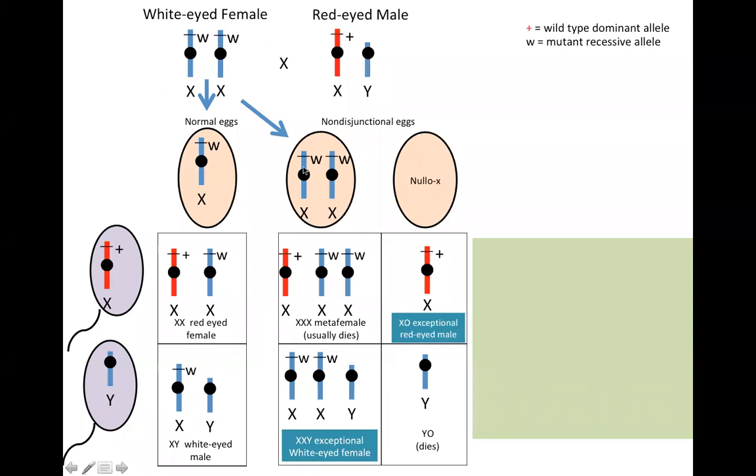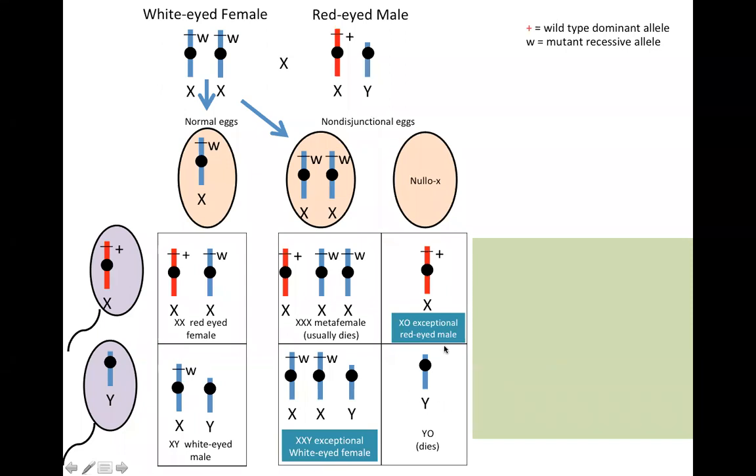These eggs fuse with this kind of sperm and give triple X, XXY, a female. The sperm with the nullo-X, meaning it doesn't have a sex chromosome but carries autosomes, gives only X0 flies. This sperm fused with this egg gives XXY, and this egg fused with this sperm gives a Y chromosome.